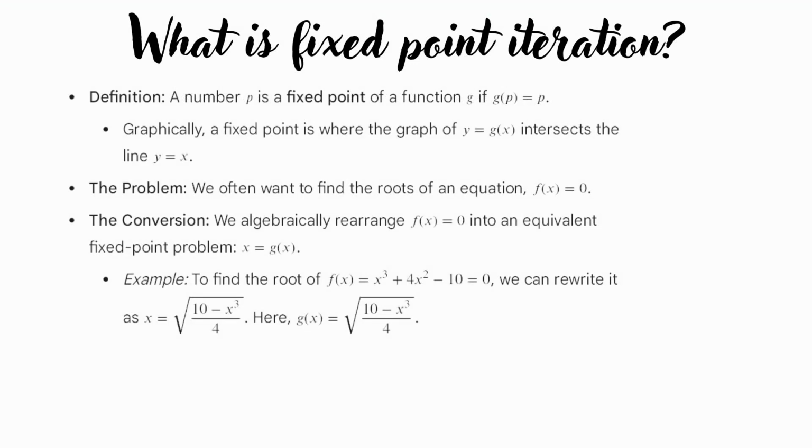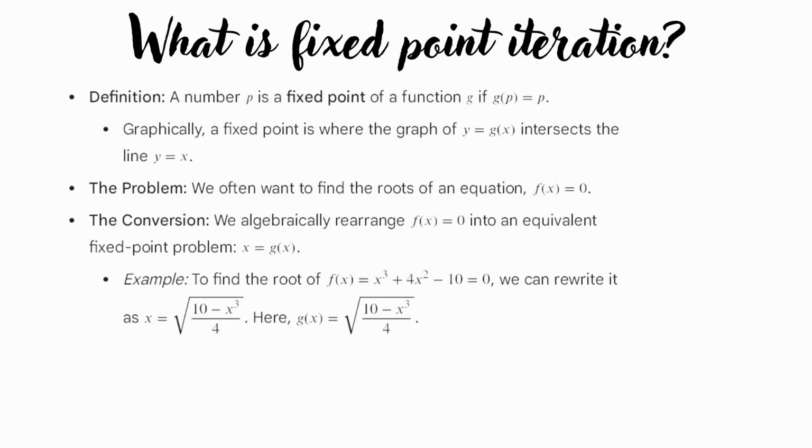So we repeat this process. Now we plug x1 into g(x) to get x2. So x2 equals g(x1) equals g(1.3484), which equals 1.3751. We keep plugging each new approximation back into g(x).